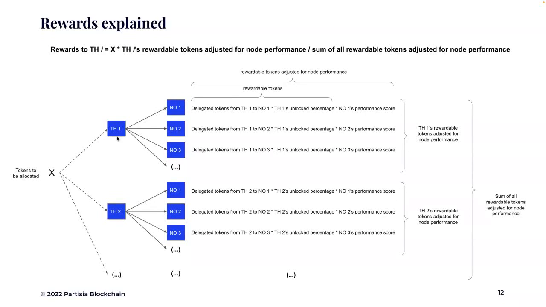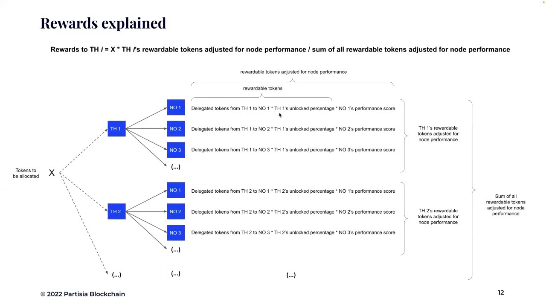So we have token holder 1 that can allocate the tokens to all of the node operators. I don't know, we have around 100 node operators, so you can allocate it to each of these node operators. And then for each allocation to a given node operator, you compute the rewardable tokens.